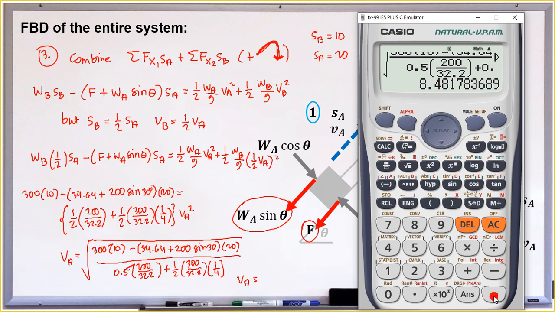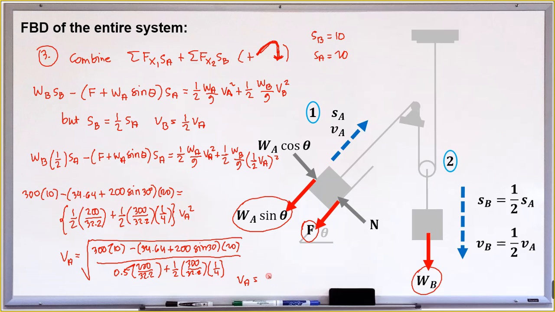Okay, so the answer is 8.48, or 8.5, feet per second. So that is the velocity of our block A. So class, any questions?